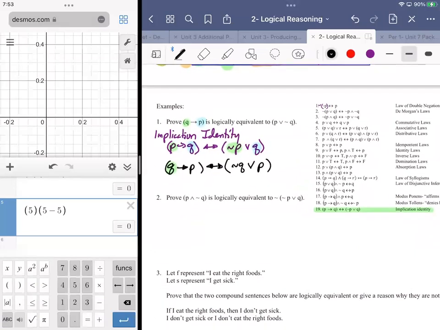Pretty close. One is the actual rule, but that's pretty close to what they're telling us. They said P or not Q. Well, not Q or P is the same as P or not Q by the commutative law.